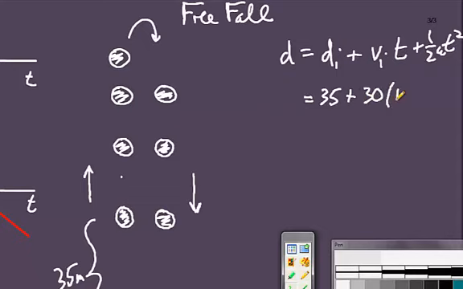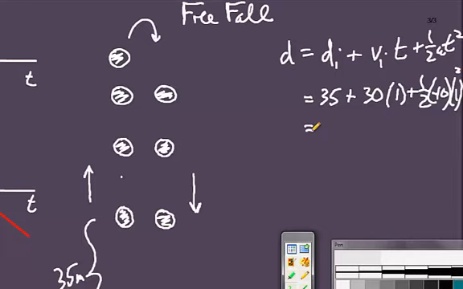We want to see how much further it goes in the next second, so we're still going to put 1 there. Or you could say 2 minus 1, the second minus the first second, still 1. Plus 1/2, negative 10, 1 squared.